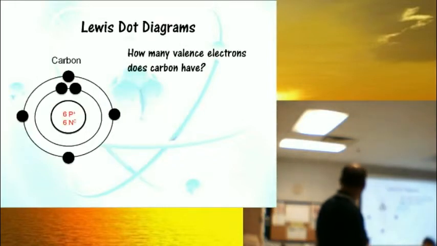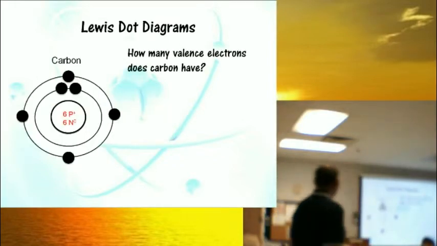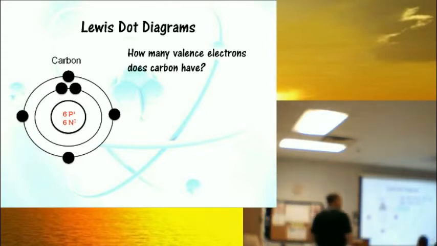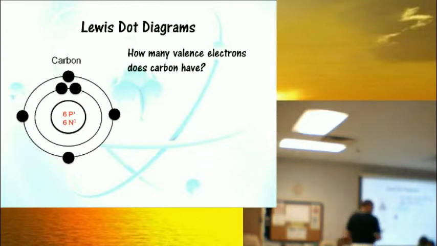Okay, Lewis dot diagram in chemistry. Now, to make a Lewis dot diagram, the first thing you have to know is the number of valence electrons in an atom.